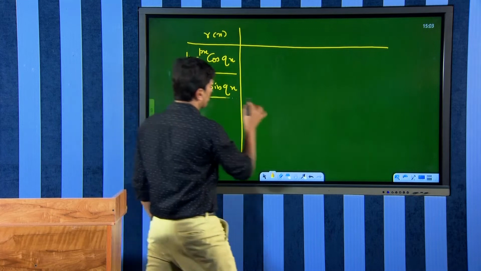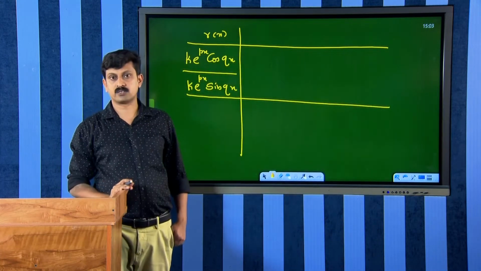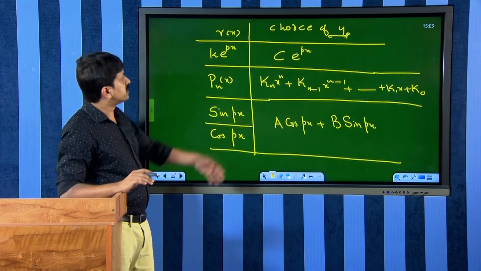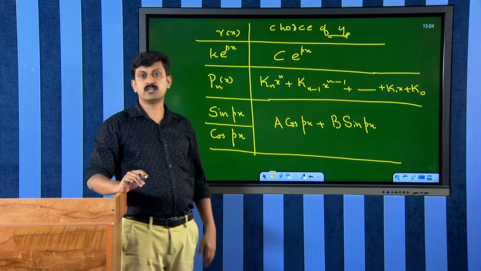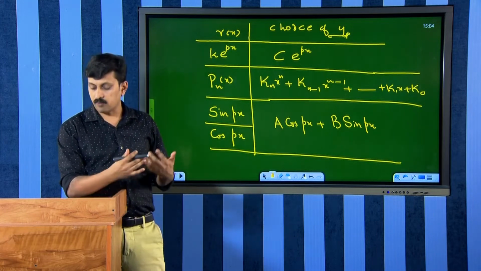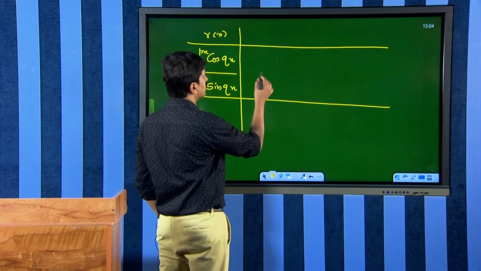This is the combination of the exponential function and trigonometric function. We already found this is the choice for the exponential function, and this is the choice for the trigonometric functions. Their combination will be the choice of yp.